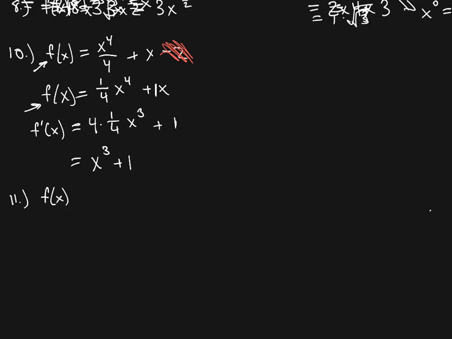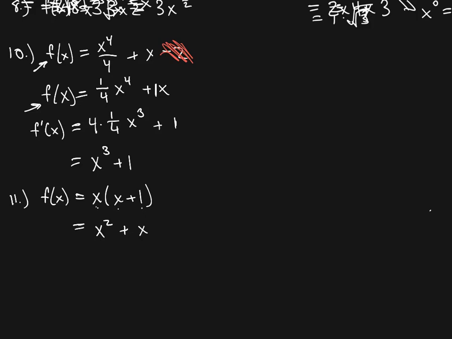F of x here is equal to x times x plus 1. Well, what we're going to do in this case is just multiply things out. We're going to distribute that x. So doing so, we get x times x. That becomes x squared. Now plus x times 1, which is just going to be x.